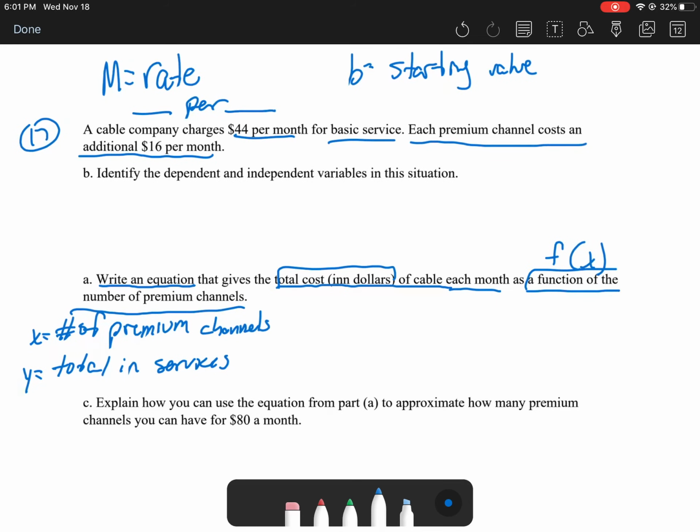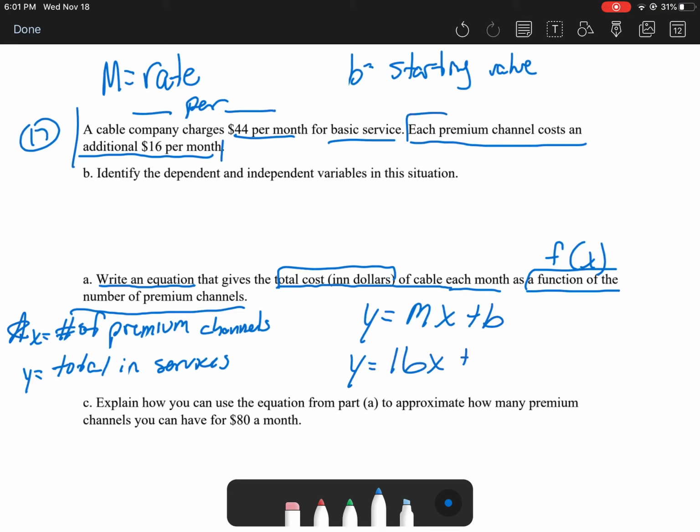So looking back at the original problem, I know that I'm going to have to write it in slope-intercept form. Really finding out, all right, what is my x? What is my slope? What is my y-intercept? Well, if I know that x is the number of premium channels, which number up here talks about dealing with the number of premium channels? That's this sentence here.